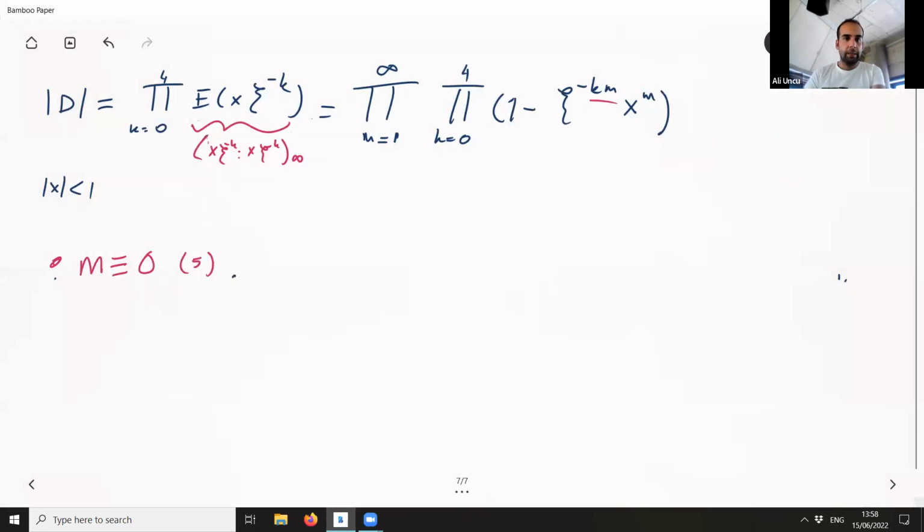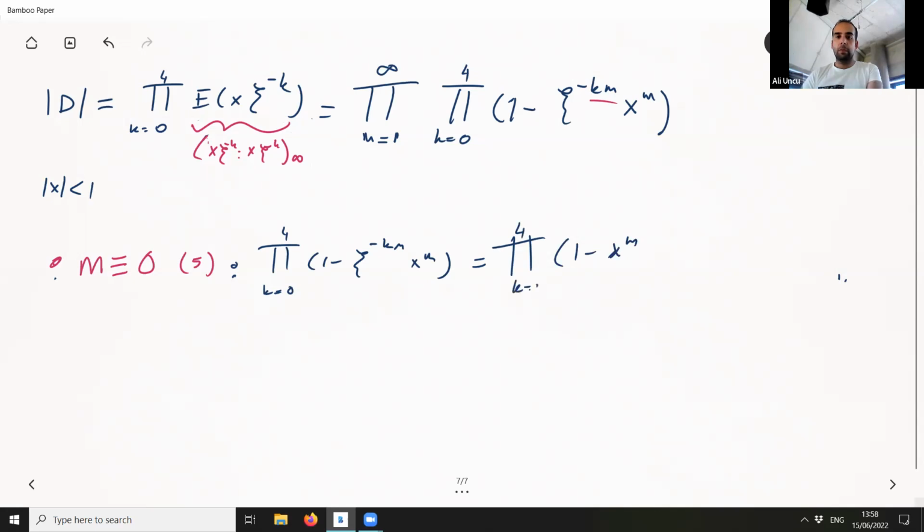If this is the case, this product that I have on the inside, k from 0 to 4 of 1 minus the 5th root of unity to the k times x^m, is, well, just as we said, this guy, because I'm raising that to a power of 5: it is 1 minus x^m, or k from 0 to 4, or it is (1 minus x^m) to the power 5.